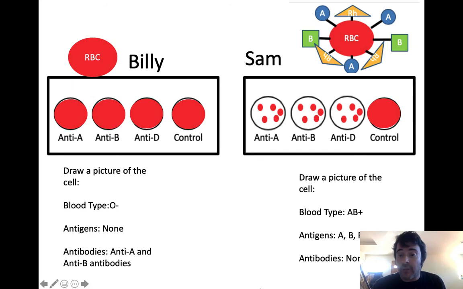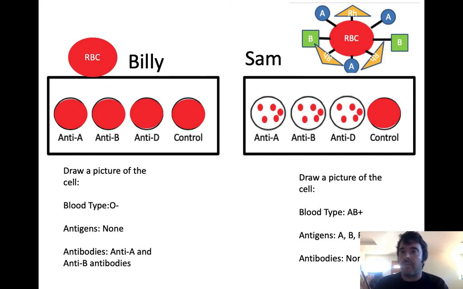In fact, Sam can only donate to other people who are AB positive. Because Sam doesn't have any antibodies, he's not going to trigger an immune response to people who donate to him, right? AB positive is considered the universal recipient. But he can only donate to other people who are AB positive.